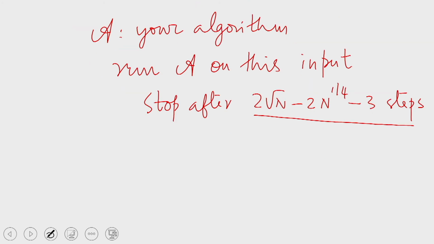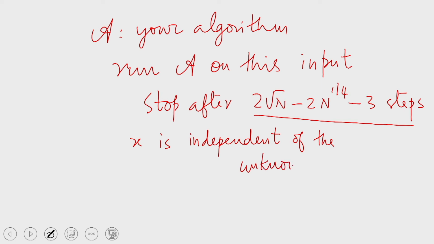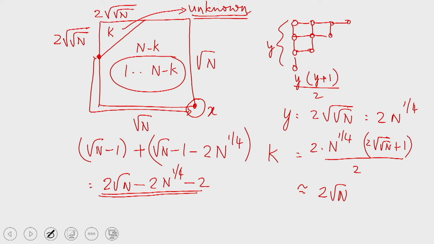What we know is that the identity of x is independent of the unknown elements. That is because a message from the unknown elements could not have reached the bottom right corner within so many steps.